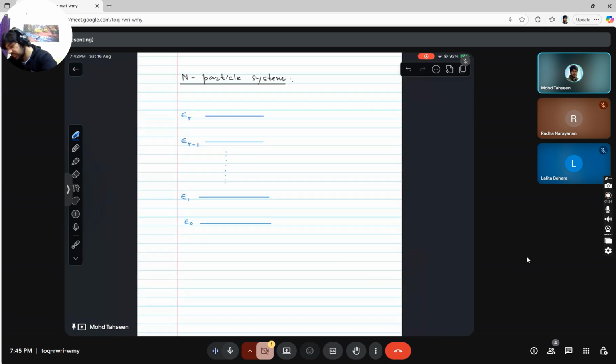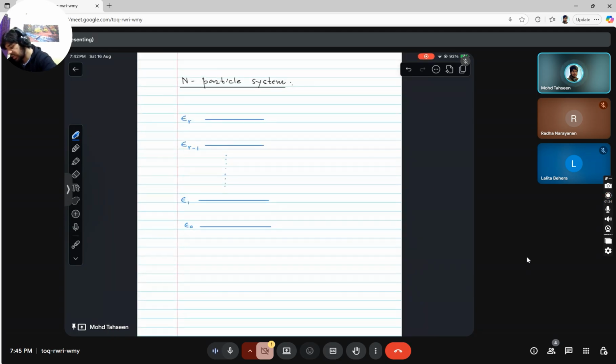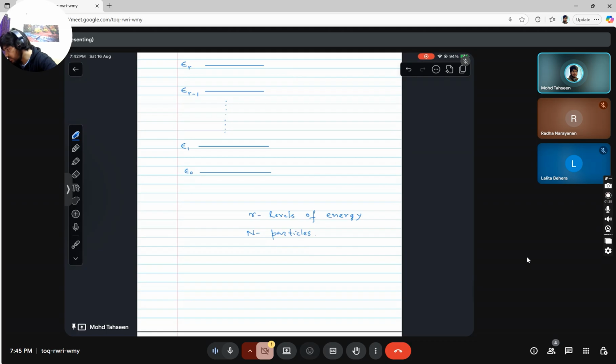So this is now an n particle system, and we have R levels of energy, and we have a total number of particles n.